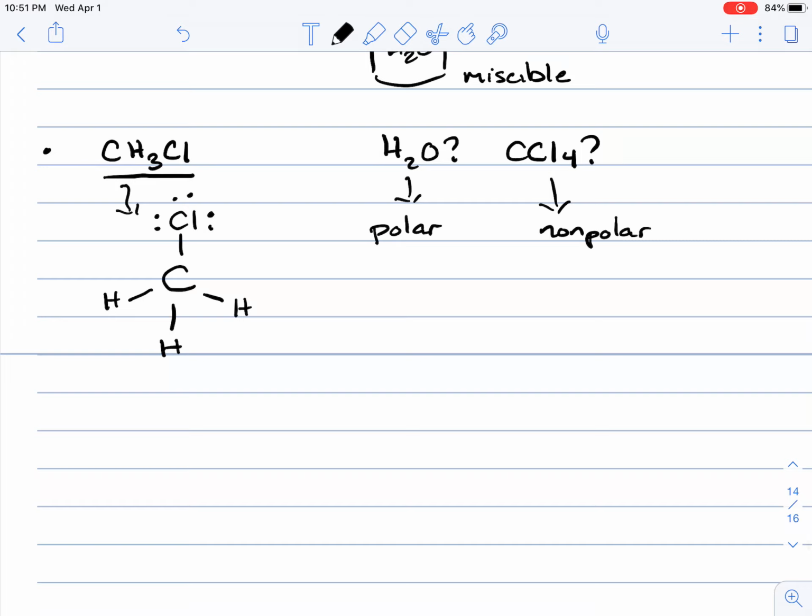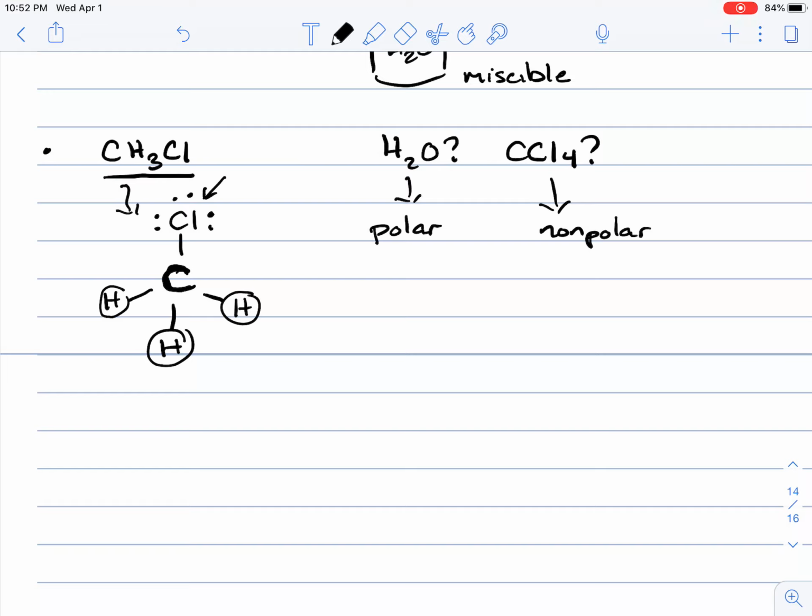Now, if you look at the central atom for this Lewis structure, it's carbon. And the central atom does not have any lone pairs. And so, therefore, we have to look at the surrounding atoms, such as hydrogen and chlorine, to determine whether or not this molecule is polar or nonpolar. Now, notice that these 3 atoms are hydrogen.